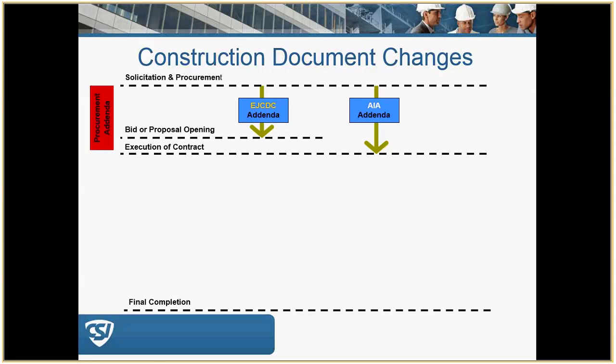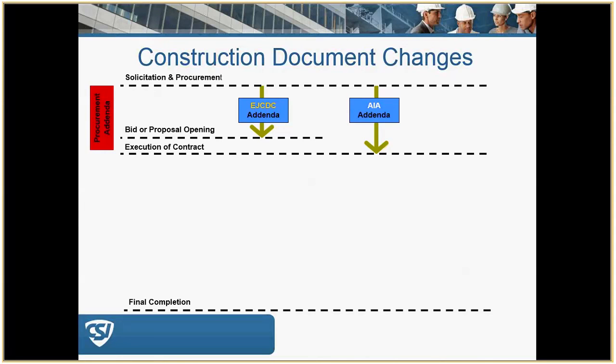So this graphic illustrates some of the contractual differences between the AIA contract families and the EJC-DC contract families, and the various terms for various types of contract modifications for each of these contracts. So you see that the EJC-DC addendum only goes up until bid and proposal opening.